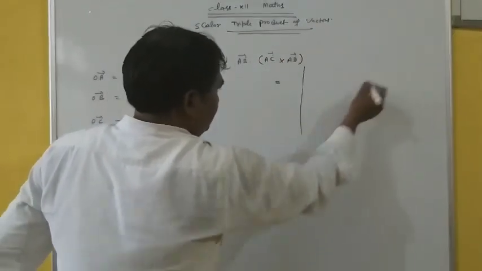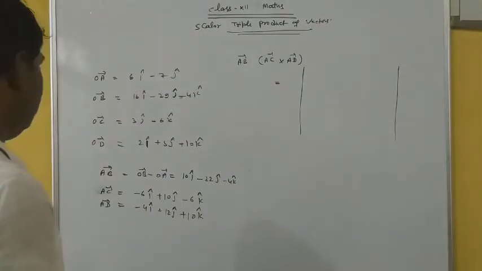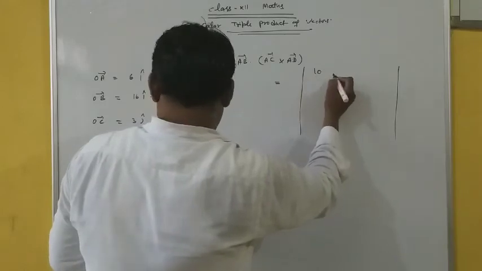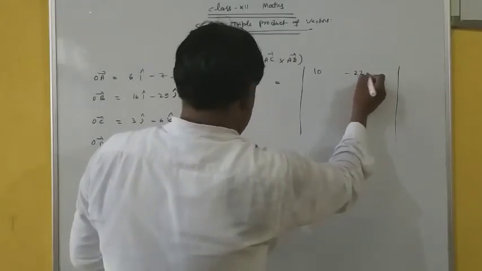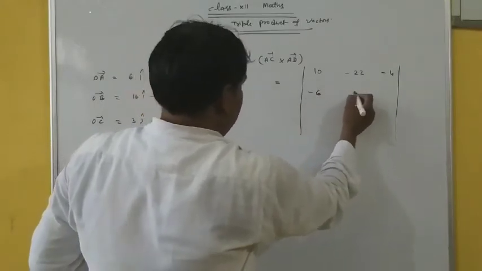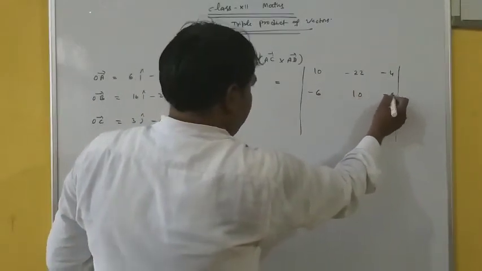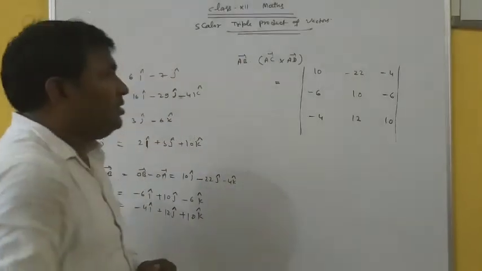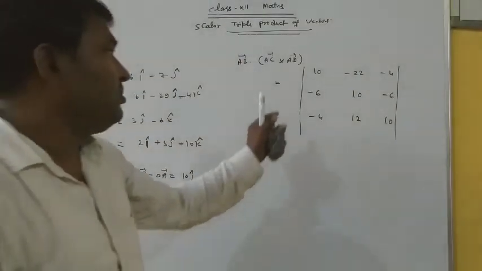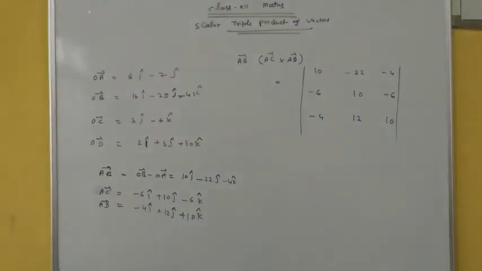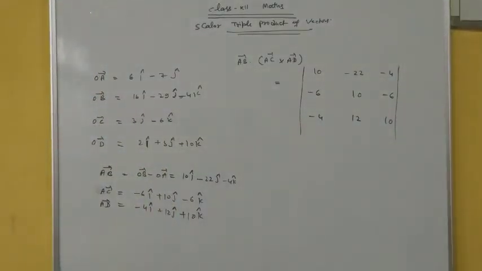This will be equal to the determinant with rows 10, minus 22, minus 4; minus 6, 10, minus 6; and minus 4, 12, 10. For some time, pause this video and try to solve it and see what value you get. Thereafter I will explain.